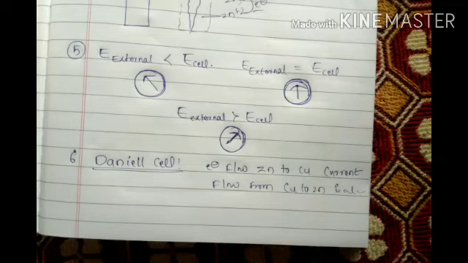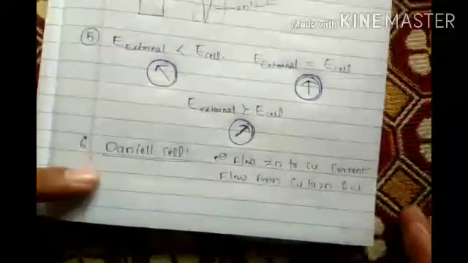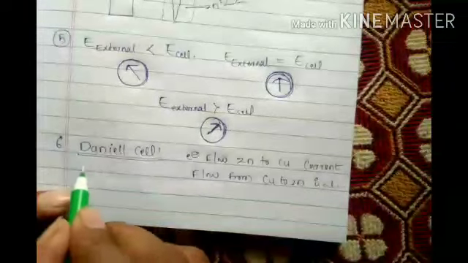Okay. Now see guys, a small correction is there. Daniell cell, sixth point, once again I am taking.